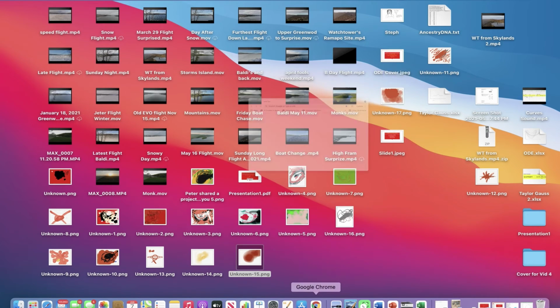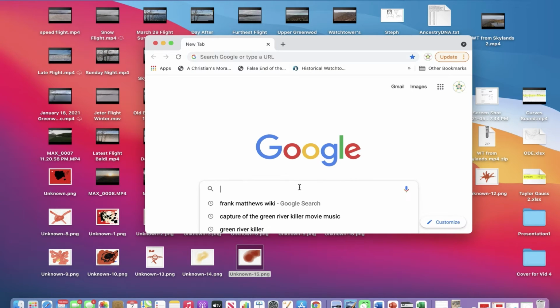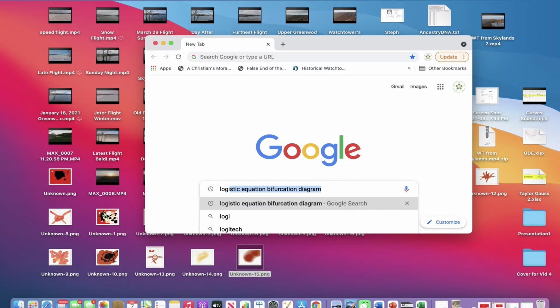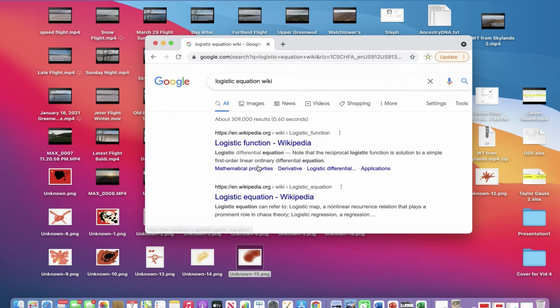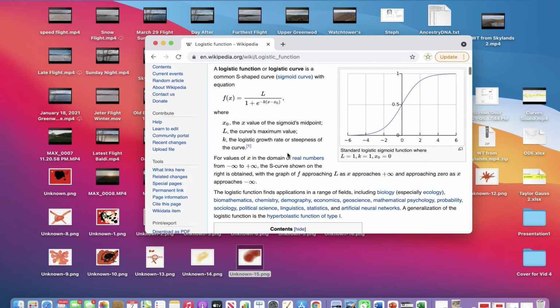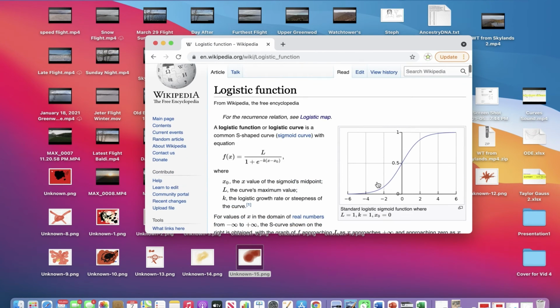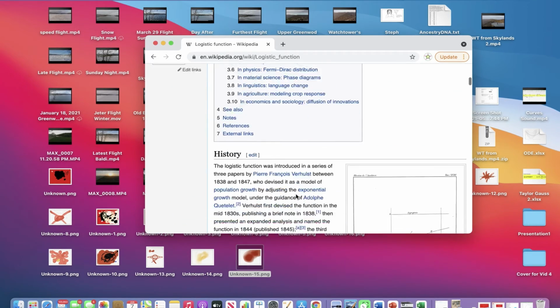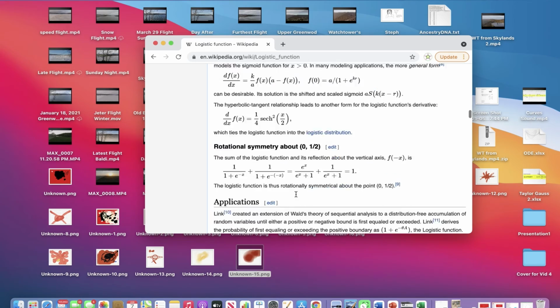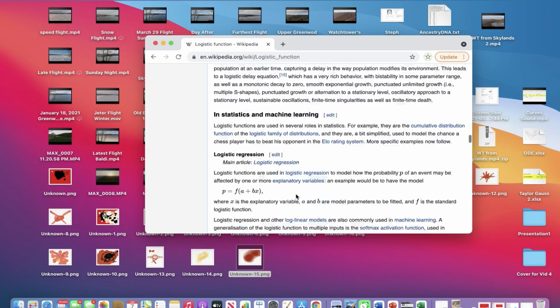If we look at the logistic equation wiki, we can see the logistic function. Okay, that's our S curve, our logistic function, but where are our bifurcations?